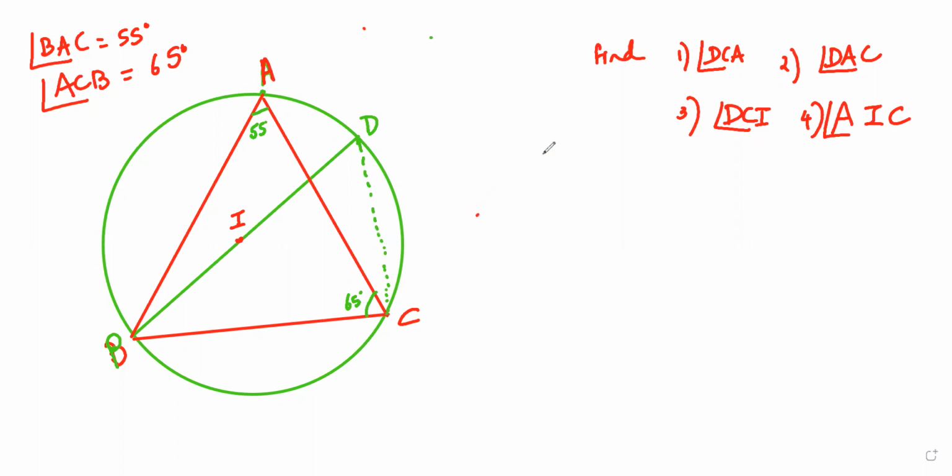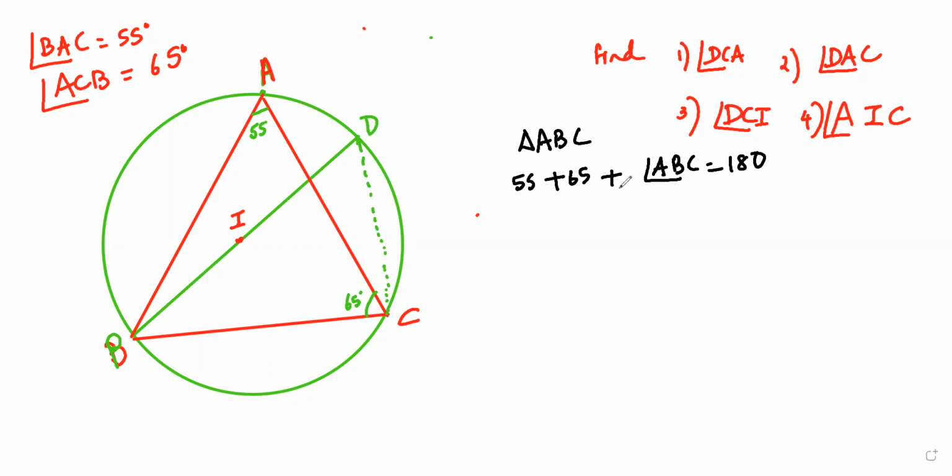So, now we look at the red triangle, that is triangle ABC. Let me apply the angle sum property there. In triangle ABC, angle BAC is 55 degrees, angle ACB is 65 degrees, plus angle ABC is equal to 180.